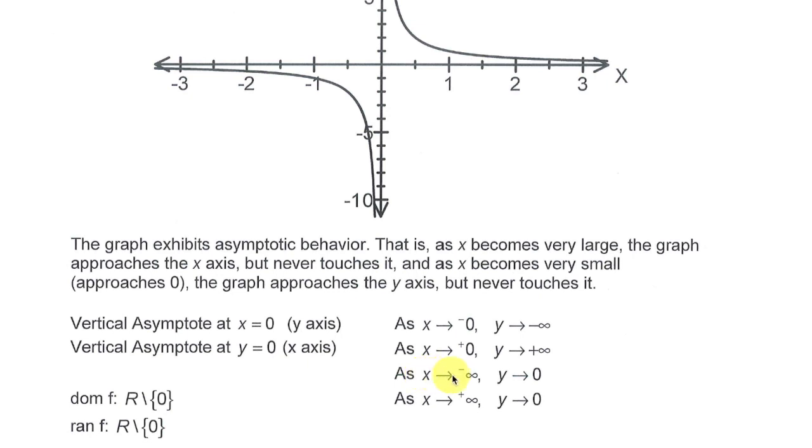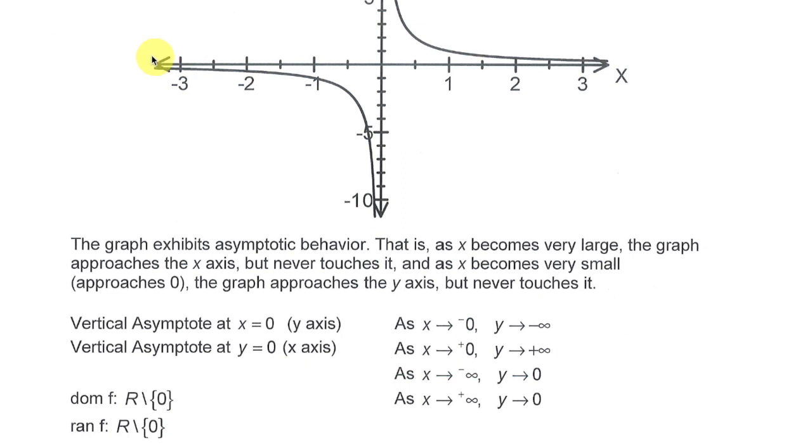As x approaches negative infinity, the value of the curve will approach 0. And as x approaches positive infinity, you can see that the value of y is approaching 0 as well.